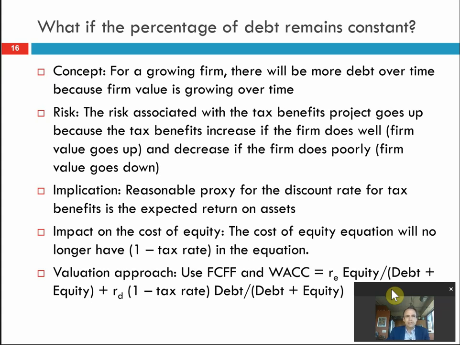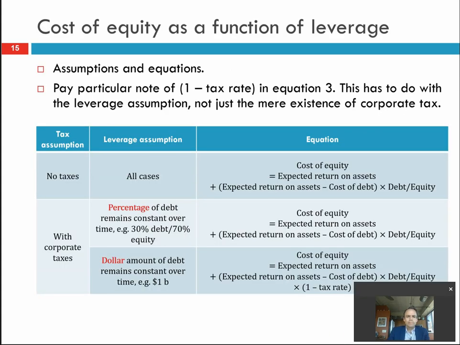We then went on to say that if you have all of those assumptions, then we have an equation for the cost of equity, which says the cost of equity is equal to the expected return on assets plus the expected return on assets minus the cost of debt, times the debt to equity ratio, times 1 minus the corporate tax rate.